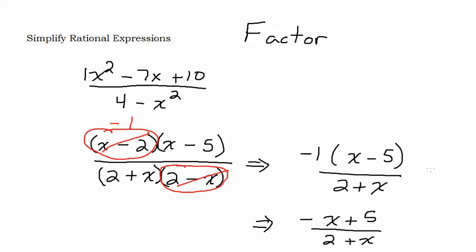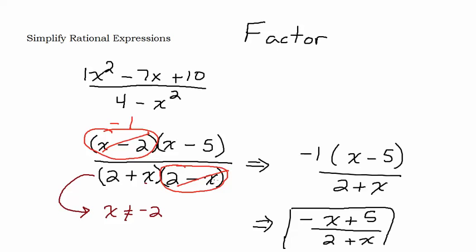Now, if I wanted to think about restricting, okay, this would be my final answer, only if this fraction is defined. So remember, if you want to figure out what values of x make the fraction undefined, you look at the denominator and you say what value of x would make this factor 0, and that would be negative 2, because 2 plus negative 2 is 0, so I don't want that.